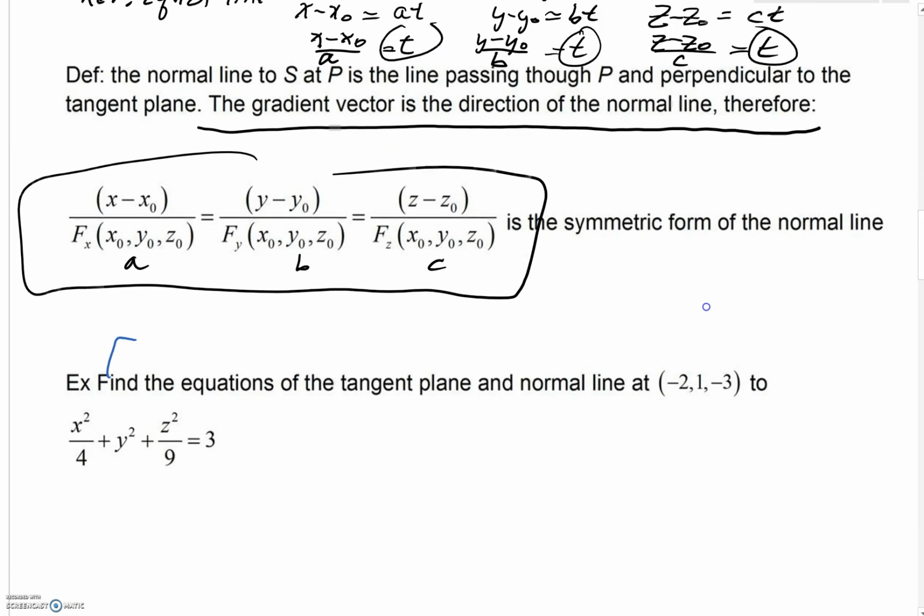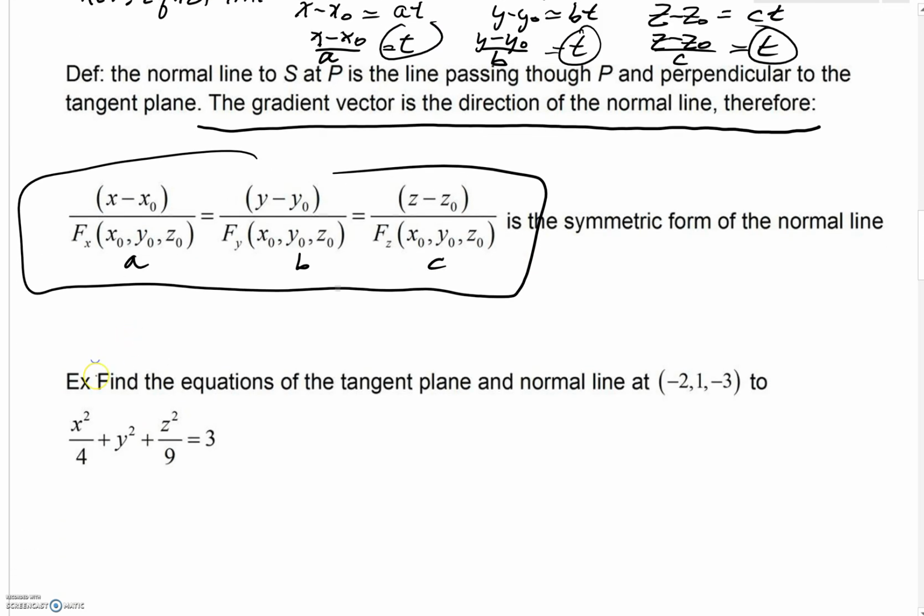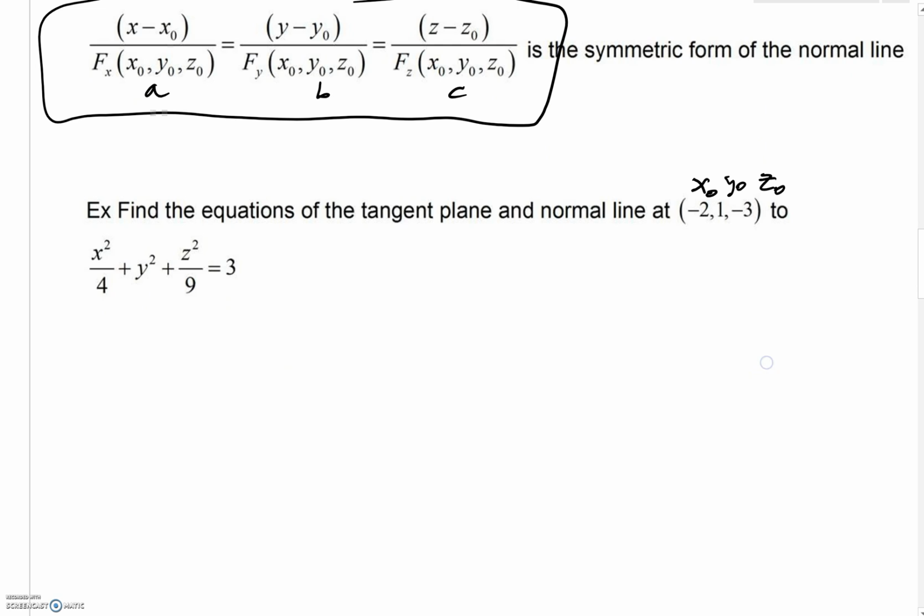So right now we're going to close with just finishing up this last example. And of course we have our point x naught, y naught, z naught. And they're asking for us to find the equations of the tangent plane and also the normal line. And what you can do more or less is realize on this left-hand side, that's f.